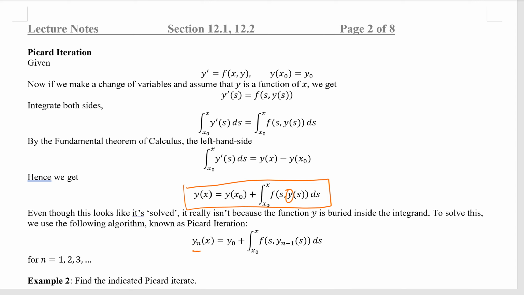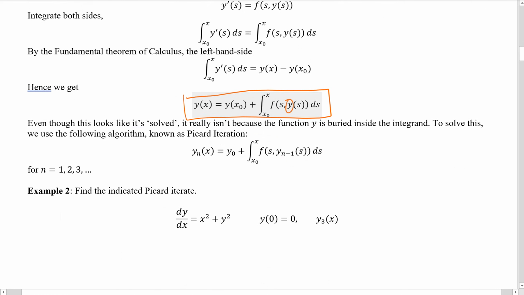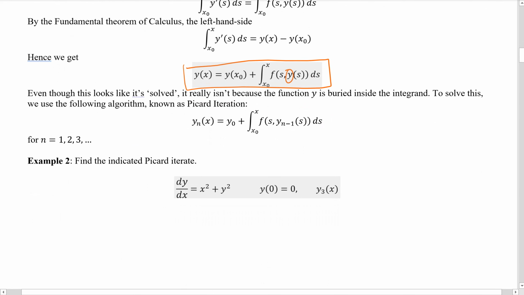So we construct a sequence of yn's, a sequence of functions. yn of x equals y0 plus the definite integral from x0 to x of f of s, y sub n minus 1 of s ds. Okay, so let's see how we calculate. We have the same differential equation.